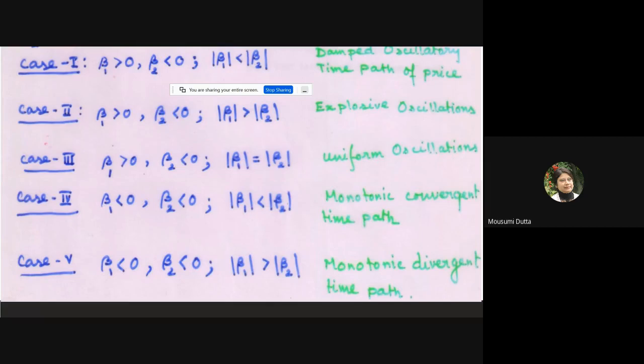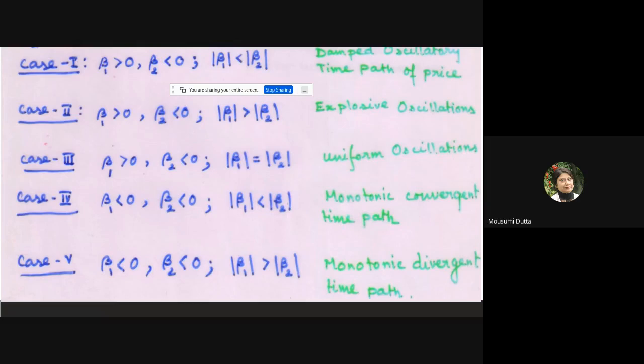If you find that beta 1 greater than 0, beta 2 less than 0, that is, the signs of the slopes of the demand and supply curves are varying, in that case, you will get oscillations around the mean value, because your beta 1 by beta 2 is negative. If beta 1 is positive, beta 2 is less than 0, in that case, beta 1 by beta 2 is negative. And whenever this beta 1 by beta 2 is negative, if you consider the even power, odd power, it will fluctuate around the mean.